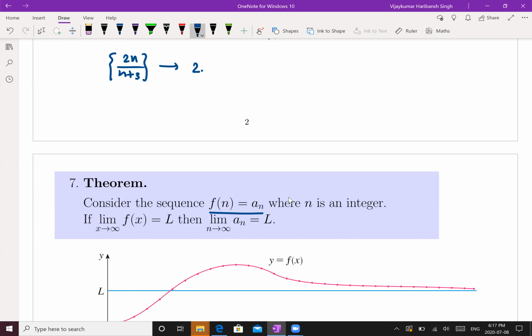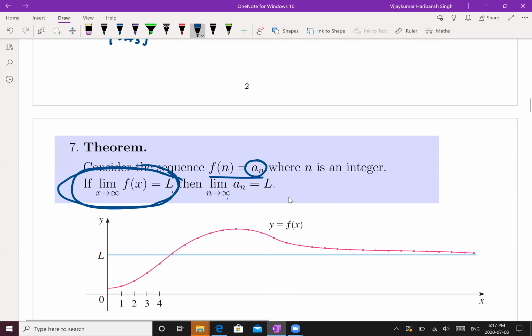Then if the limit as x goes to infinity of f(x) is L, then the limit as n goes to infinity of a_n is also L. This gives you the following technique of using calculus 1 for computing limits here. Notice the difference: f(x) could be a continuous function, whereas your a_n are only defined for natural numbers, so they are discrete in some sense.